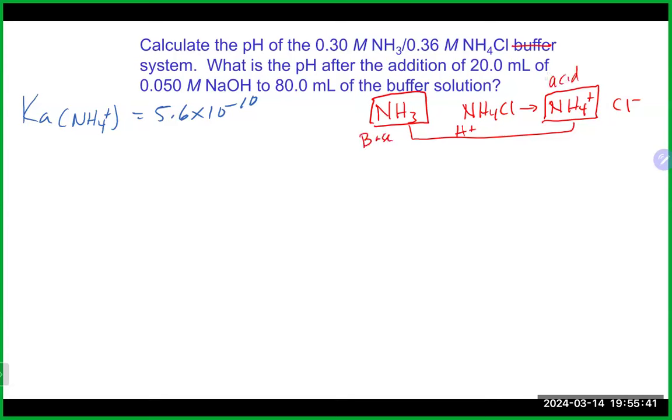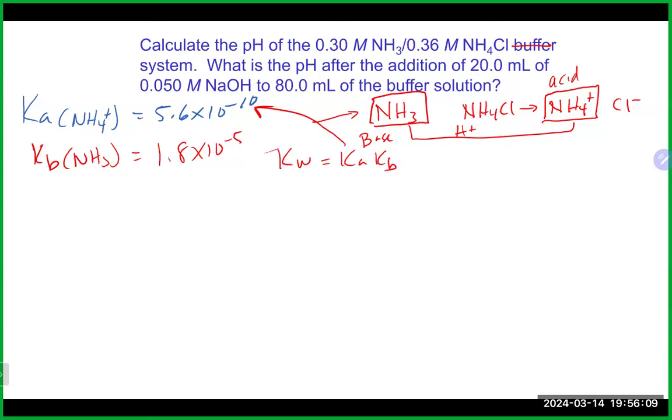Now, by the way, you may not be able to find that Ka value that I gave you in a table, but you might be able to find the Kb value for NH3, which is something like 1.8 times 10 to the minus 5, right? And if I wanted the Ka value, we could use something else we saw earlier, Kw equals Ka times Kb, to convert it into our Ka value.